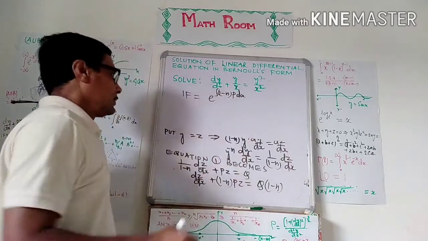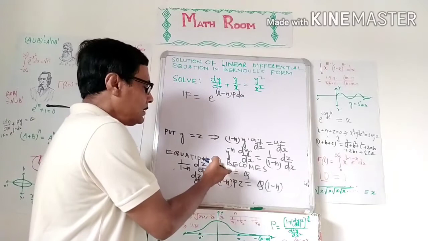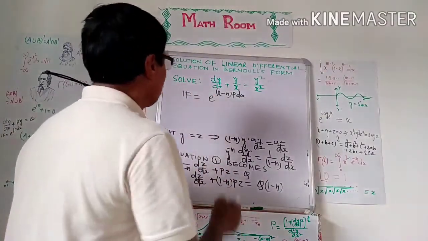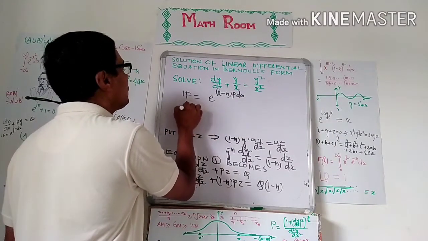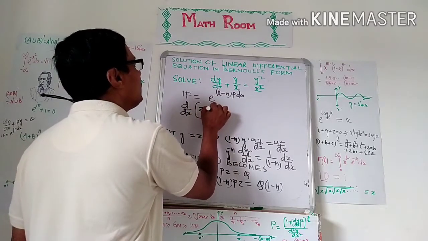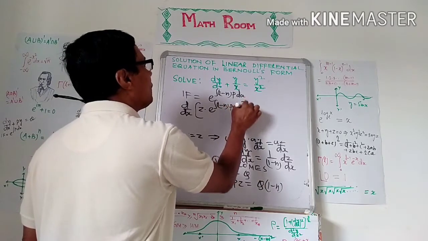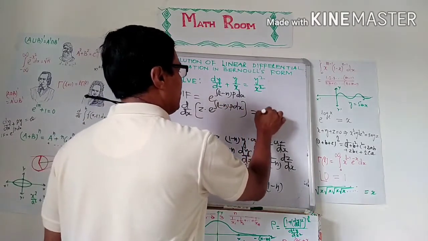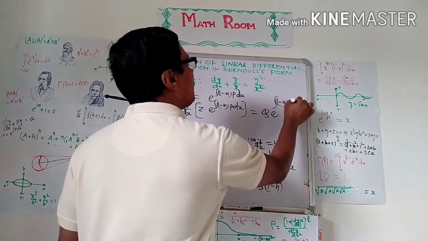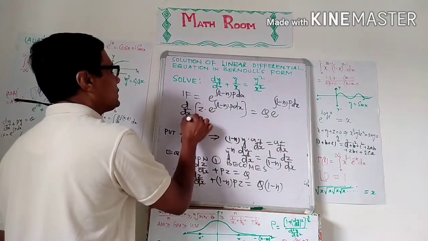And if we multiply this equation by this integrating factor, we get d/dx of (z times the integrating factor) equal to (1-n)Q times e to the power, and if we integrate this, we get the solution.